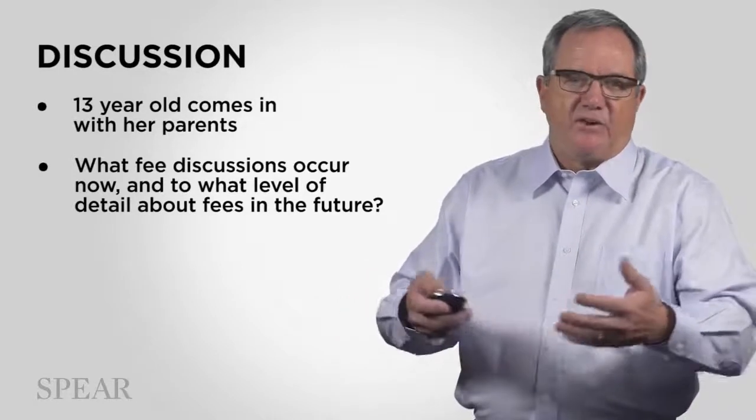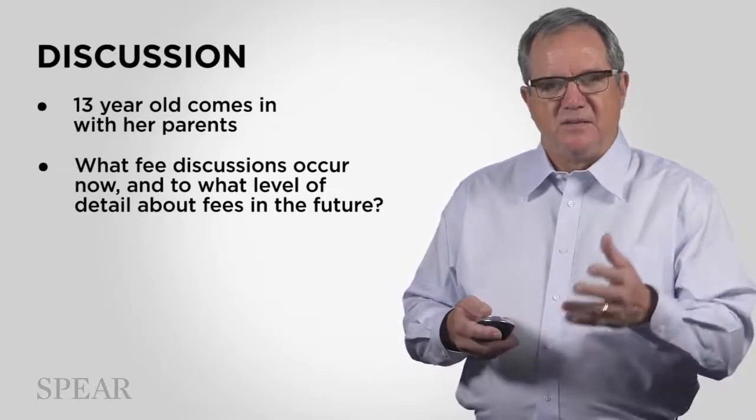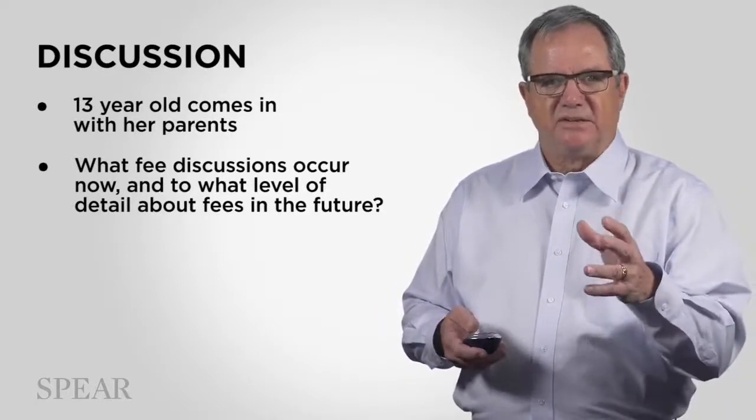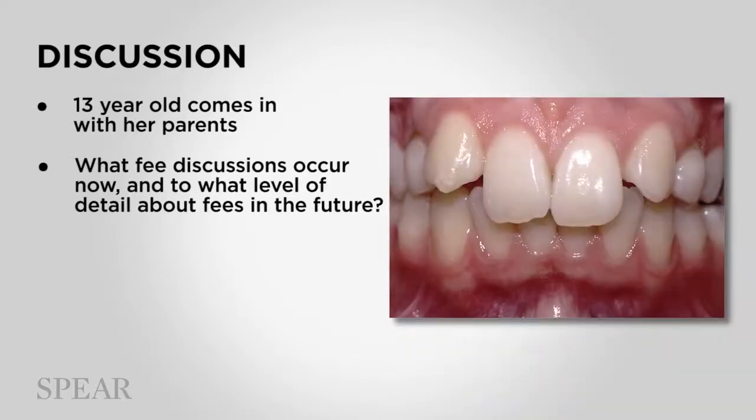And I know I have some biases in some of my answers surrounding this, but I'd like you just to stop as a group and literally imagine now this 13-year-old is sitting with you and her parents, and you're going to talk to them about here she is today, and this is what the next how many years looks like concerning fees. When you're done with the discussion, I'll show you how she was treated, and as I said, I'll give you some of my biases about fee discussions.